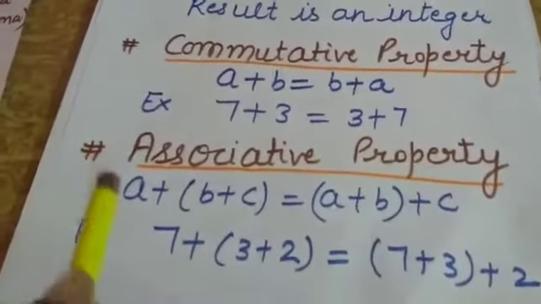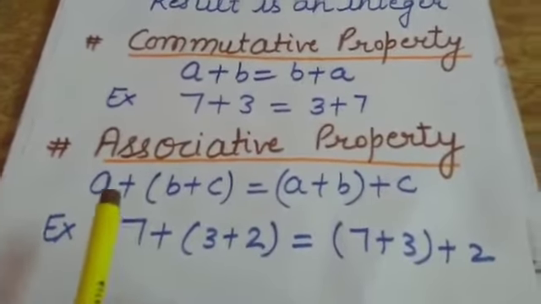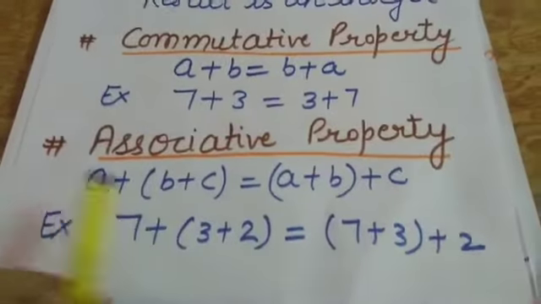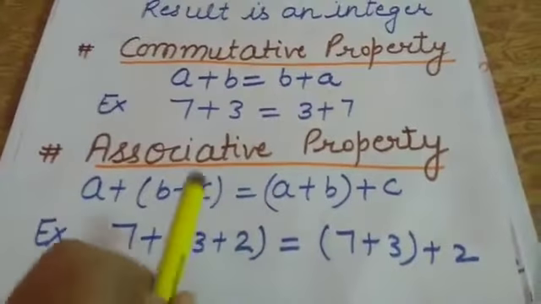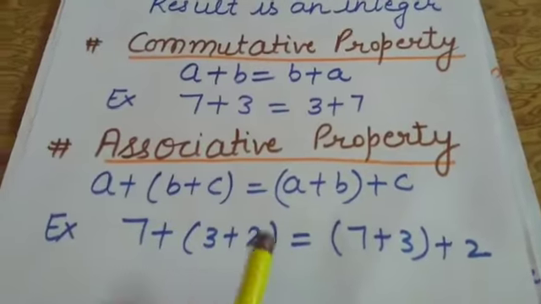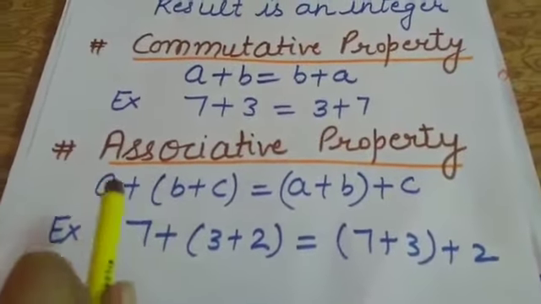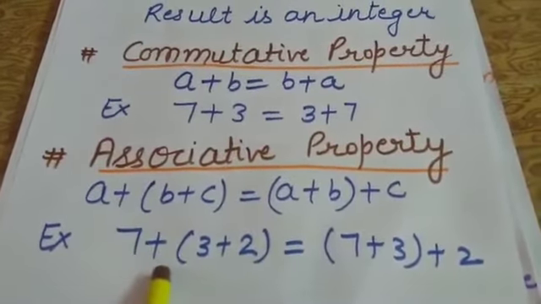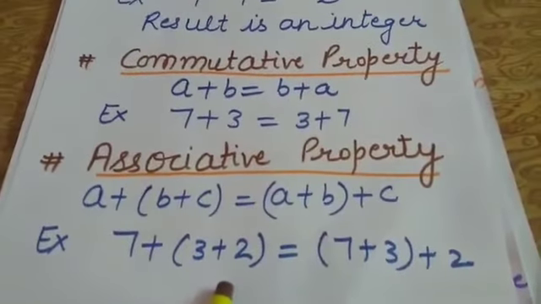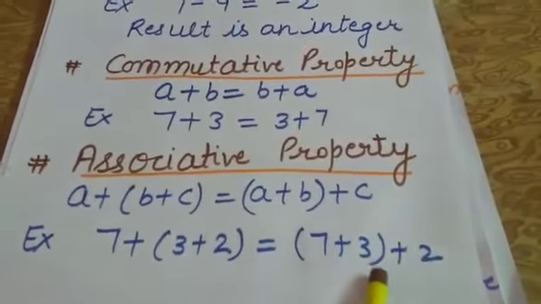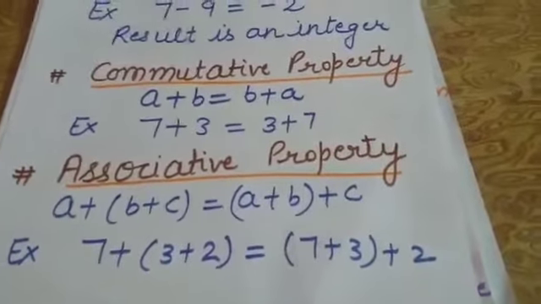Now one example related to this property. Suppose I have taken a equals 7, b equals 3, c equals 2. You have to write a plus in bracket b plus c, that is 7 plus in bracket 3 plus 2. It will be the same as in bracket 7 plus 3 plus 2.